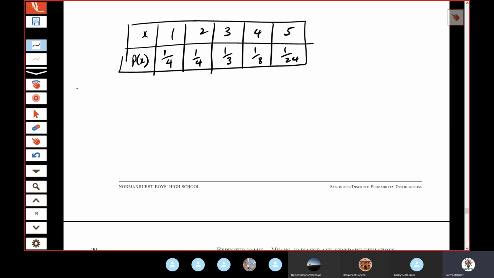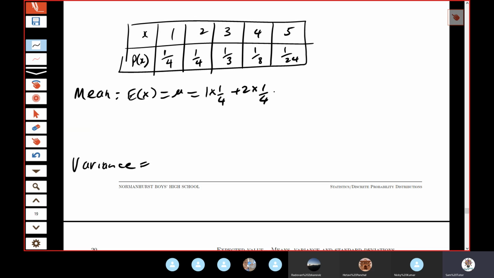All right, let's find the mean and let's find the variance. The mean was E of x, or mu, and that was just the sum of your scores multiplied by the probability. So 1 times a quarter, plus 2 times a quarter, plus 3 times a third, plus 4 times an eighth, plus 5 times 1 on 24.